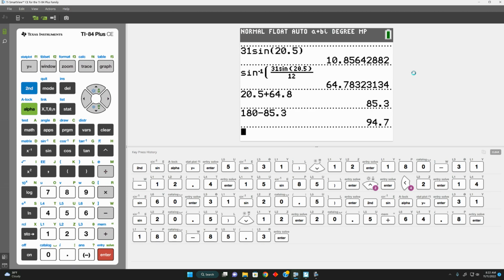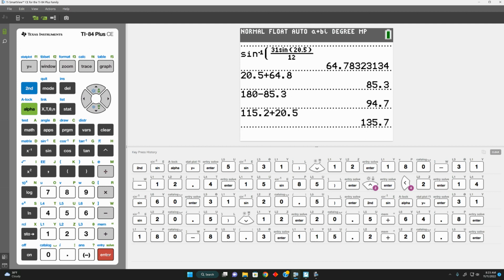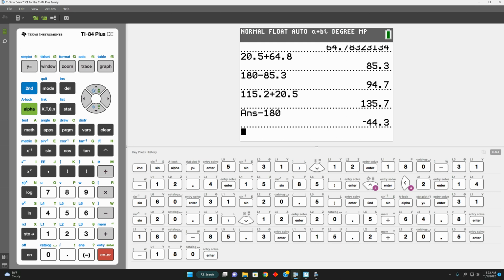Then for the other one, 115.2 plus 20.5. We can add those, angle A and our other angle B, together and subtract it from 180. I know it says negative 44.3 degrees because I did it backwards, because we should have subtracted it from 180, not 180 from it.